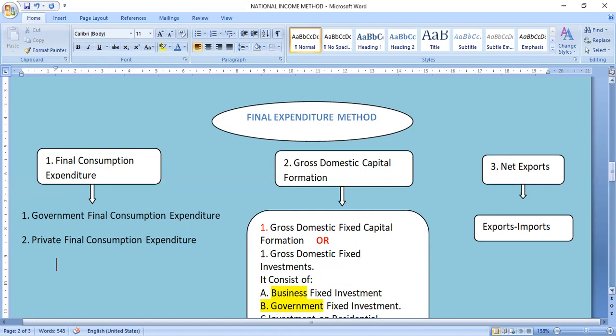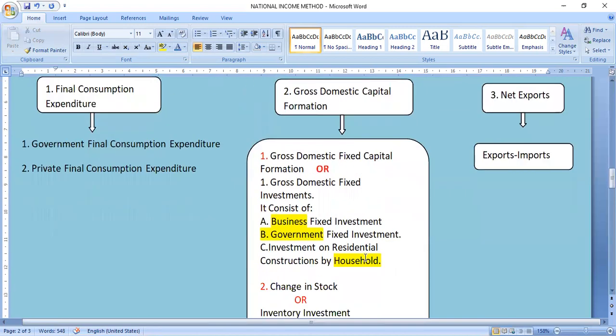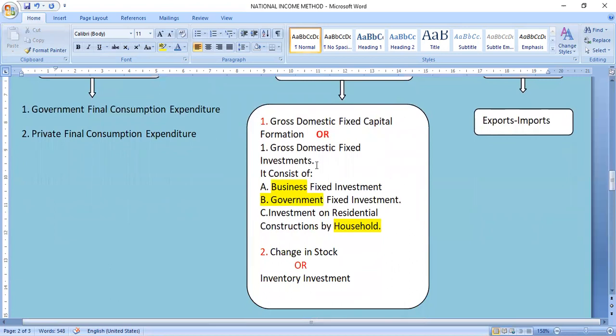Next is a very important point. Try to understand gross domestic capital formation. It is given as gross, and the second is domestic capital formation. There are two types of capital formation: one is fixed capital formation, and the other is inventory investment.